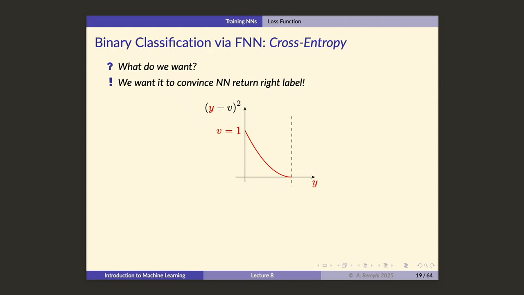This is what I want. I want y to behave like that, right? Same thing again if I set v equal to 0. Then y is somehow pushed to be close to 0, because if it is not close to 0, then the loss is going to be large, right?